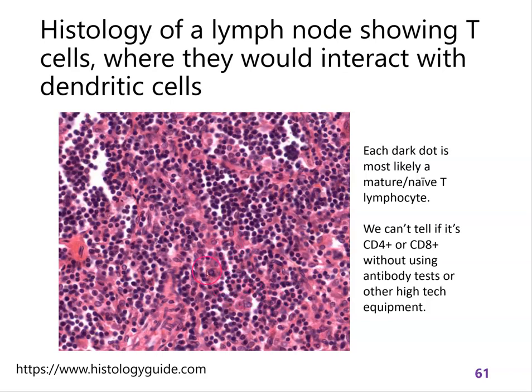So part of why I show you this is I just want you to remember that all these lymphocytes might be different. These might all be T cells with different T cell receptors. And if we want to trigger an immune response, we have to find the right one that can actually see the protein coming from the pathogen.